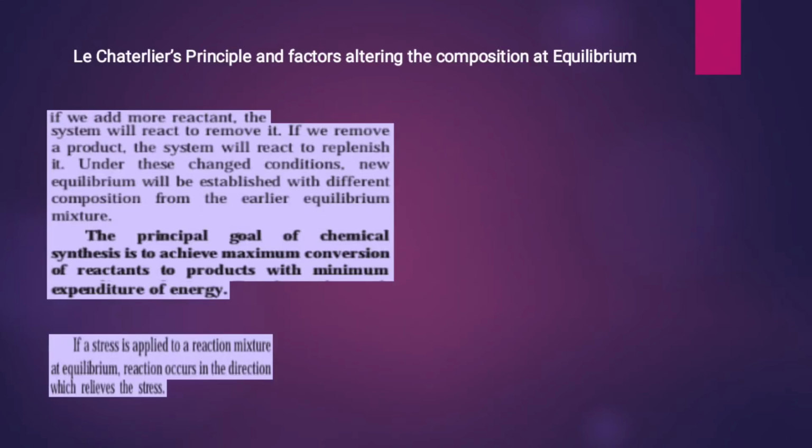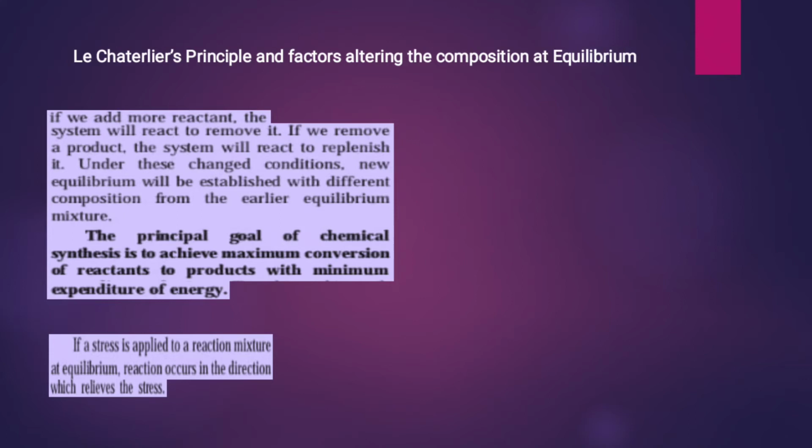Now let us move further and see an important topic: Le Chatelier's principle and the factors altering the composition at equilibrium. Students, till now we have seen that a reaction attains a state of equilibrium under a certain set of conditions, and these conditions can be temperature, pressure, concentration and catalyst.